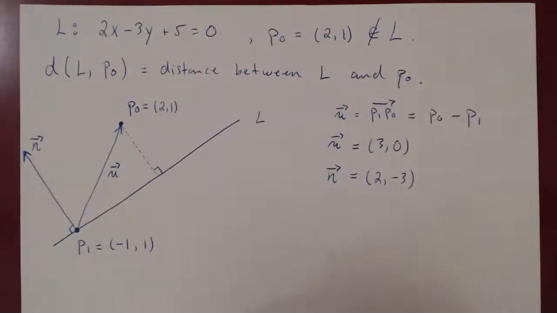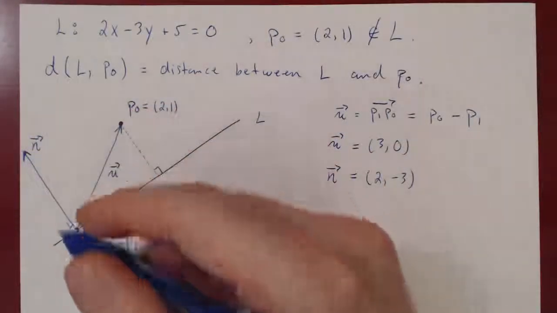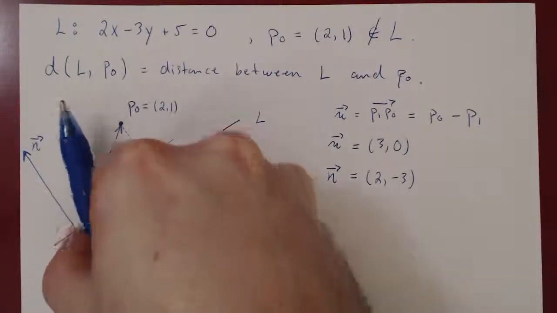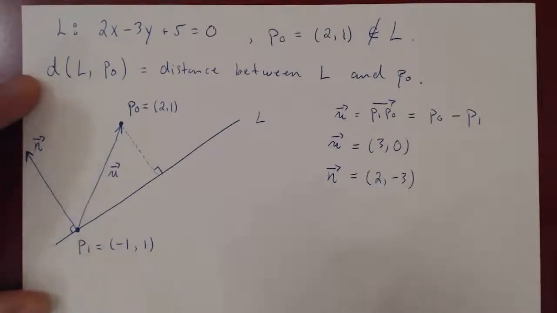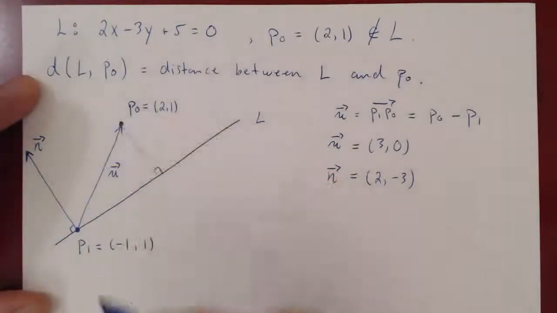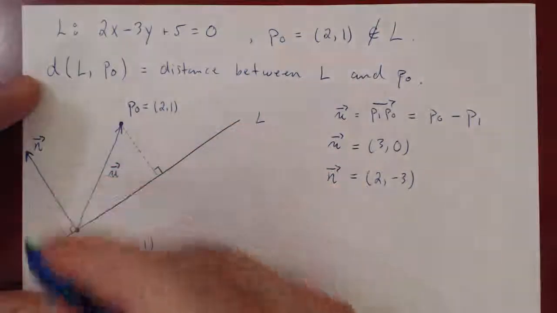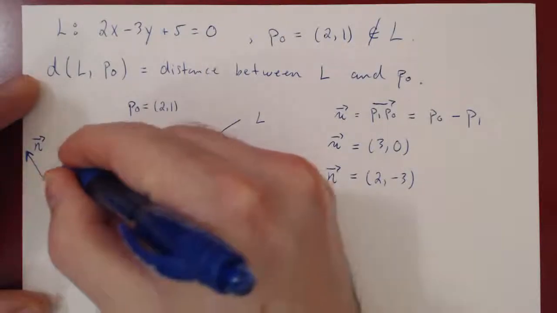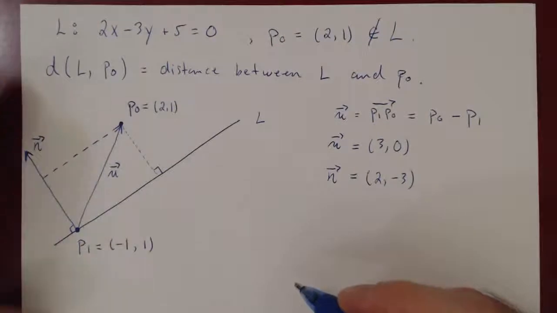But what if you find the orthogonal projection of vector u onto vector n? So think of collapsing vector u onto vector n in a perpendicular fashion. So connect the endpoint of vector u to the vector n in a perpendicular fashion. And what do you notice?